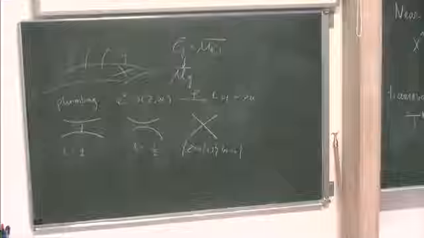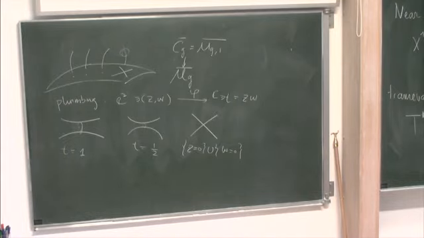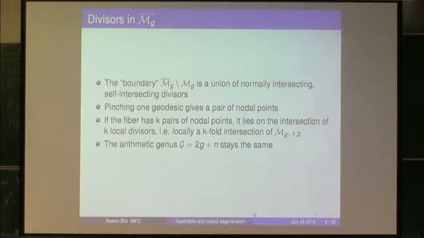So by introducing this nodal crossing model, we know that the boundary, which is not a boundary because it's a divisor in complex geometry, but we say that the quote-unquote boundary is a union of normally intersecting and self-intersecting divisors.